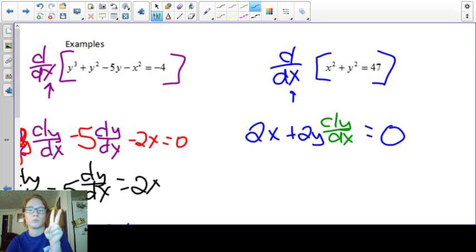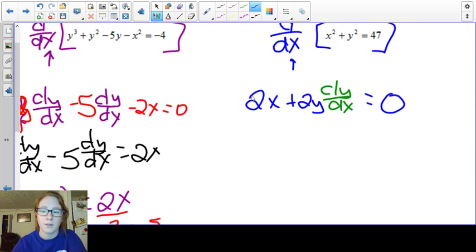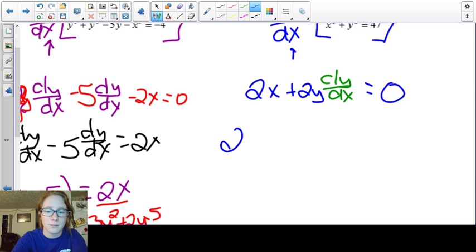Step 2. Get dy dx terms on the left side. Everything else on the right. So in this case, we're going to subtract that 2x over. So I have 2y dy dx is equal to negative 2x.